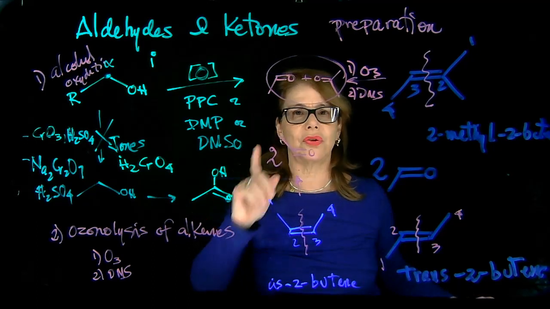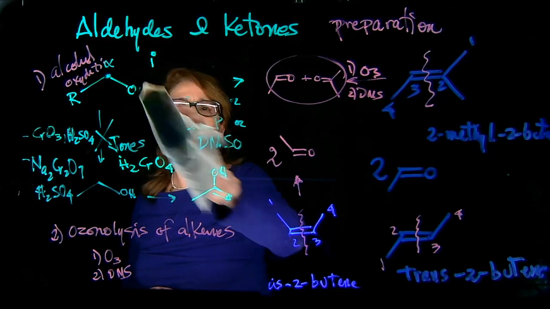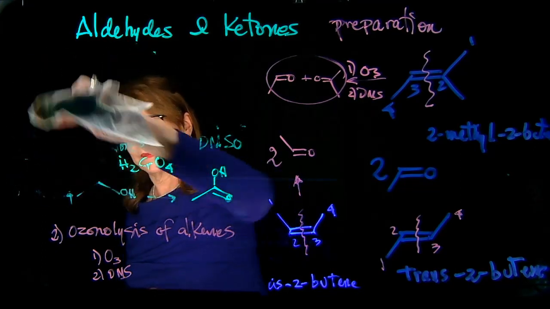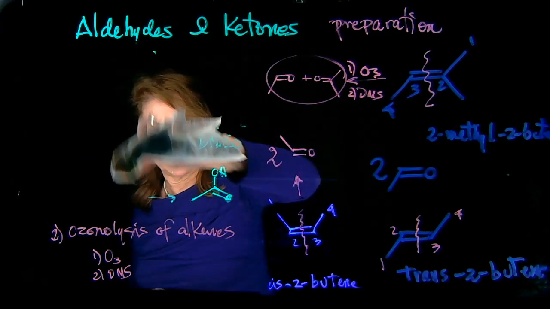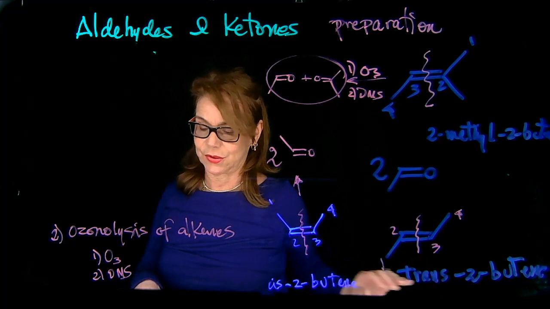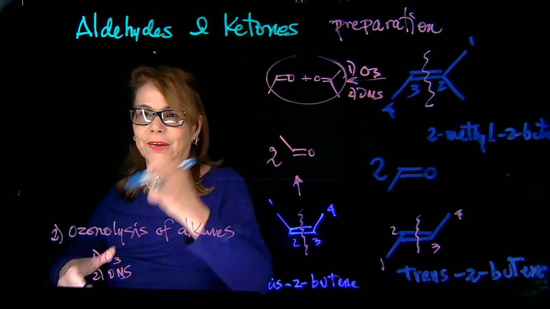Now, how do we get just, say, acetone? How do we do that? Well, now we need to pick a different alkene to do the ozonolysis. So if I wanted to make 2 moles of acetone, I need to start from another alkene.